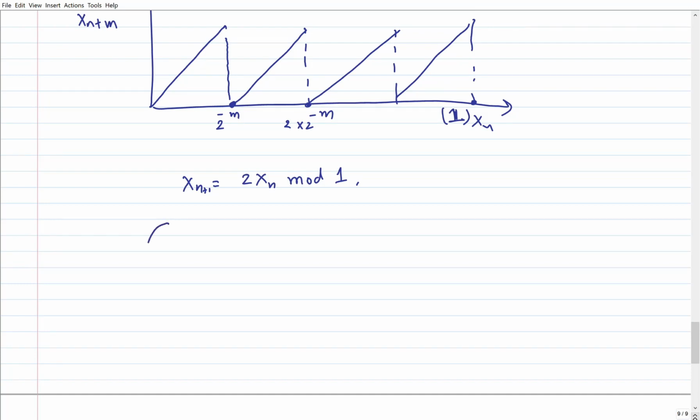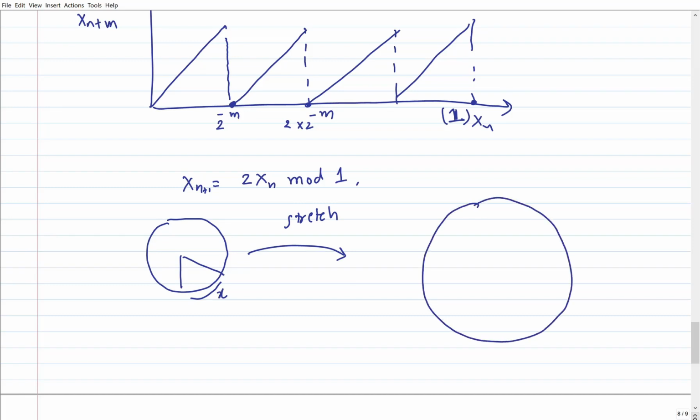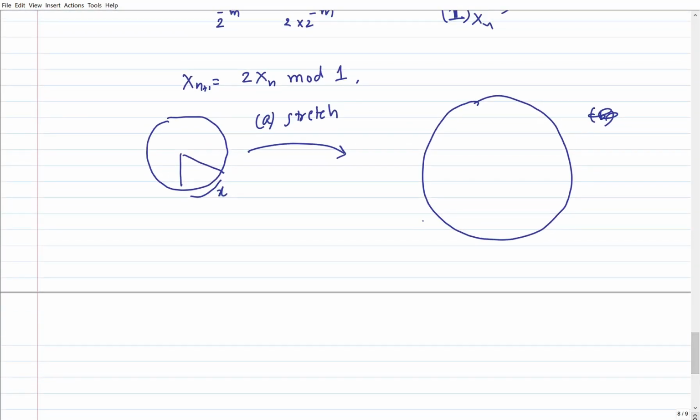So you start with a circle and you have the angle x and you stretch it to make the circumference twice. This is A, the stretching.